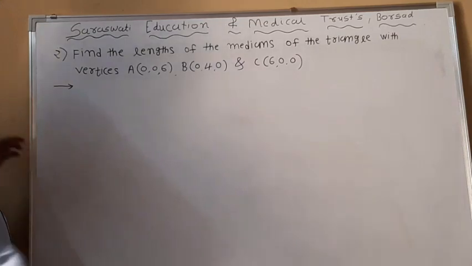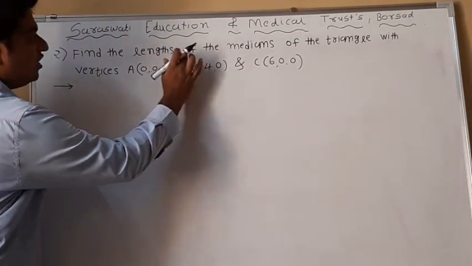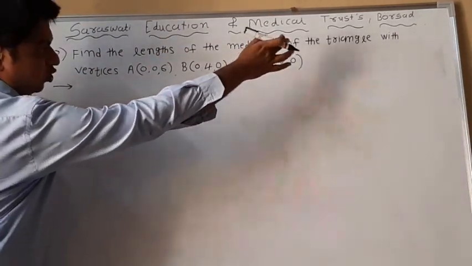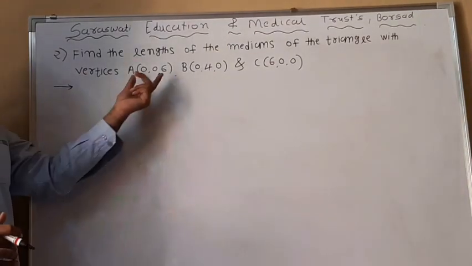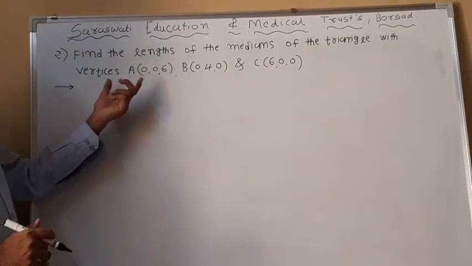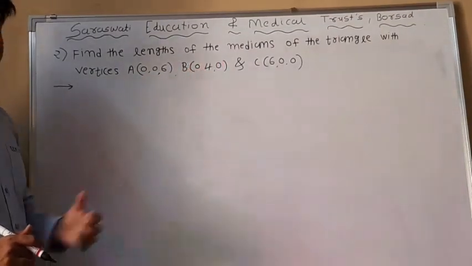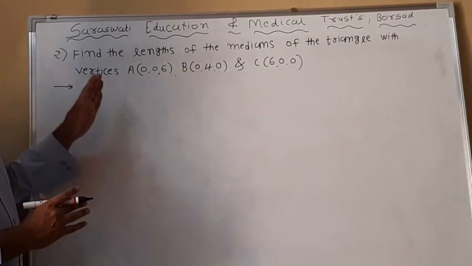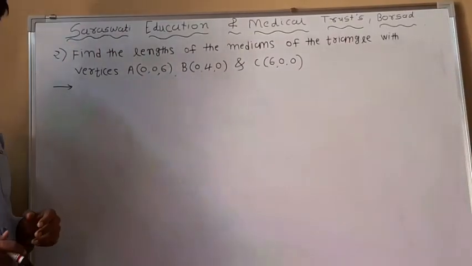Next question: find the length of the medians of the triangle with the vertices A, B and C. Here vertices A, B, C are given and our question is to find the length of the medians.